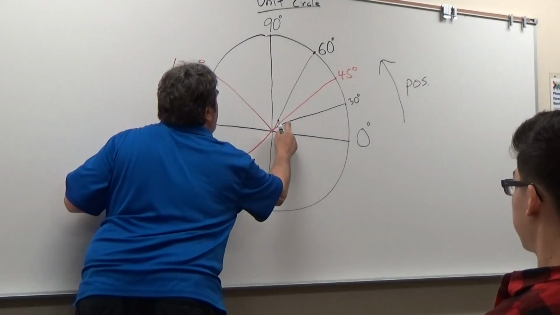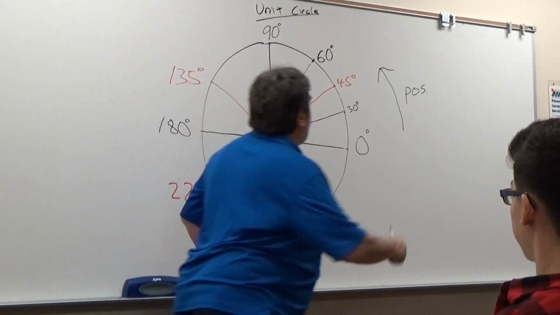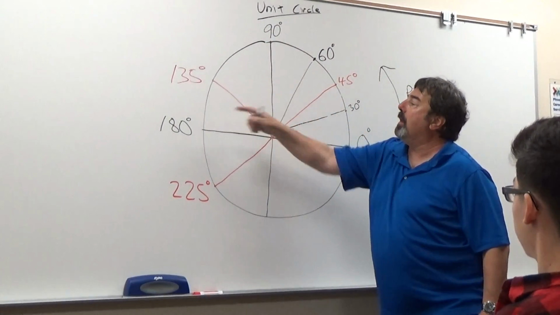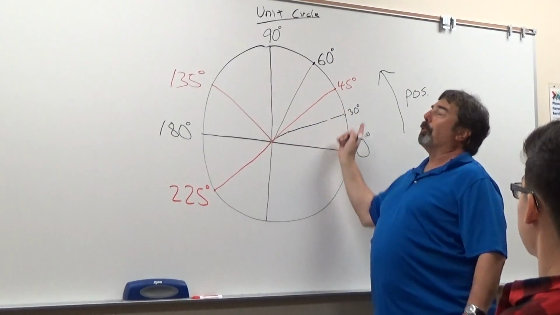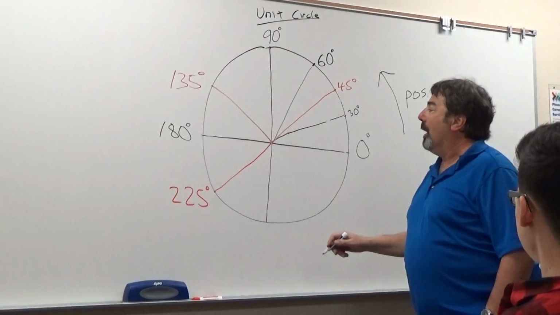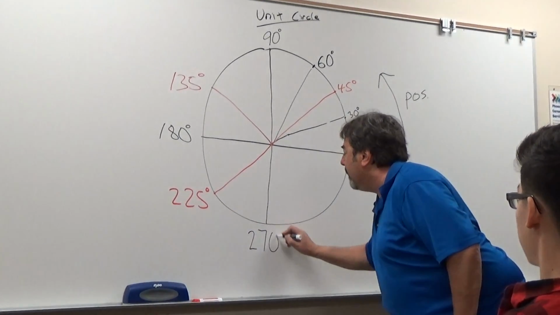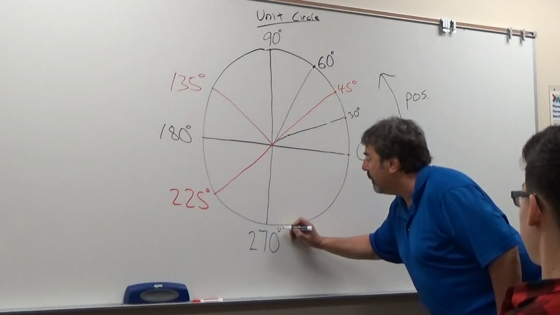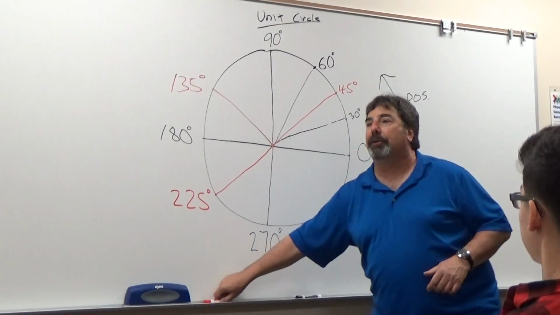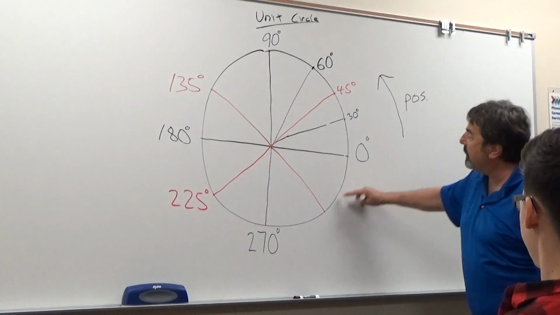Very good. So that means if I go from the beginning right here at 0 degrees and I go 3/4 of the way around to right here, I'll be at 270 degrees. Okay. And then if we add another 45 degrees to our unit circle, that'll take us halfway between here and here.